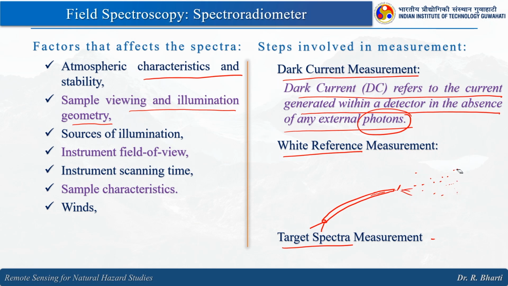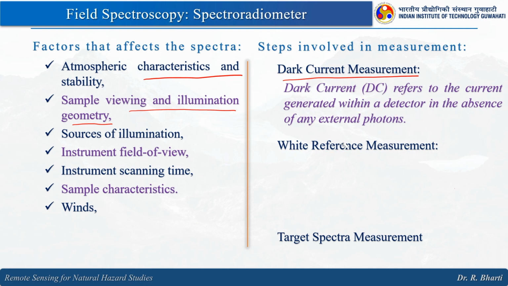That is why the dark current measurement is very, very important. It measures the radiation or energy generated by the detector itself in the absence of any external photons.